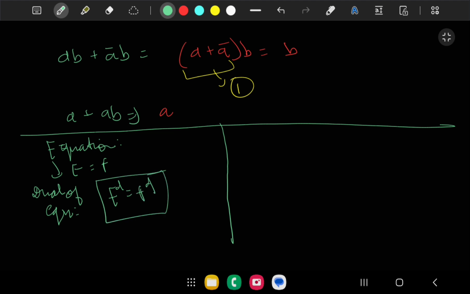If two things are the same, then their duals will also be the same. It is not that e equals e dual. No. The same thing goes for complement. If two things are the same, then their complements are also the same.